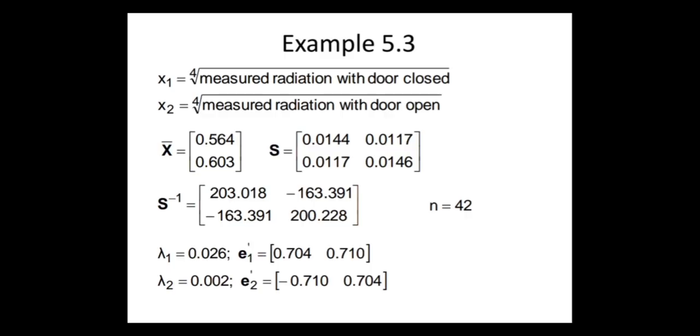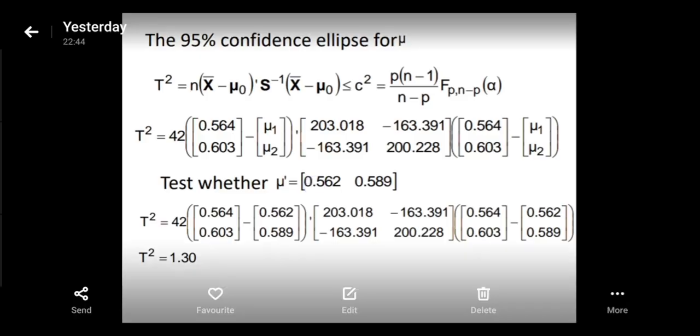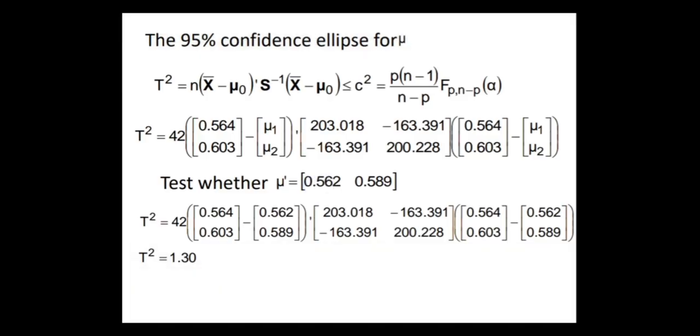Alright, okay, so from here let's say we want to know whether this mean, 0.562 and 0.589, lies in the confidence region of the ellipse or not.